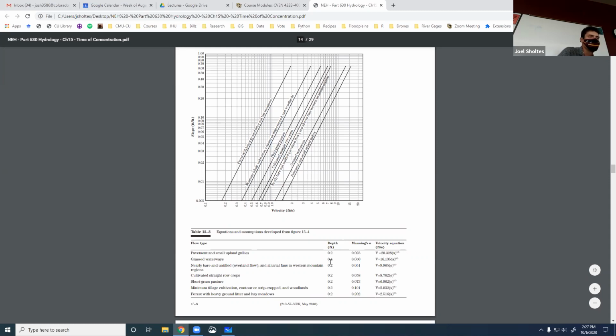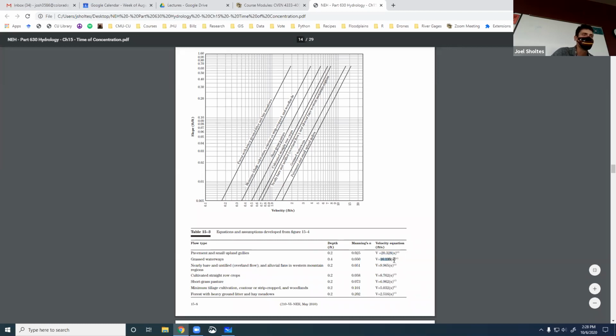It assumes some kind of depth for those. We're not going to know what that depth is. It assumes a Manning's roughness for those different land covers. And then it gives you this coefficient. So that K coefficient is going to be this number right here. Or you could use this figure. Either way, it's not a very hard equation to put a number into.